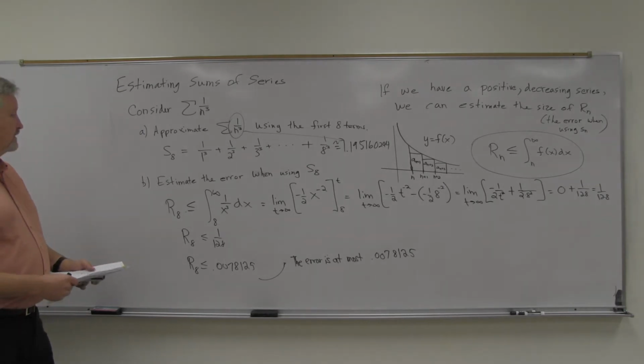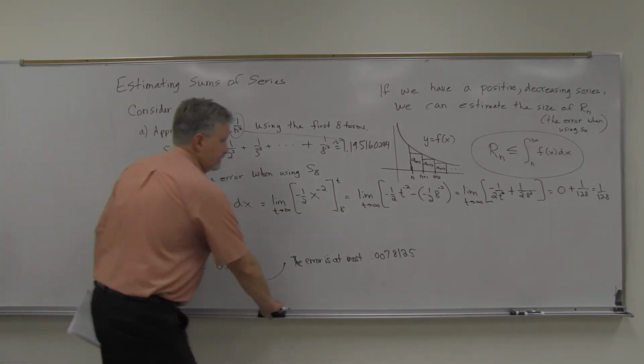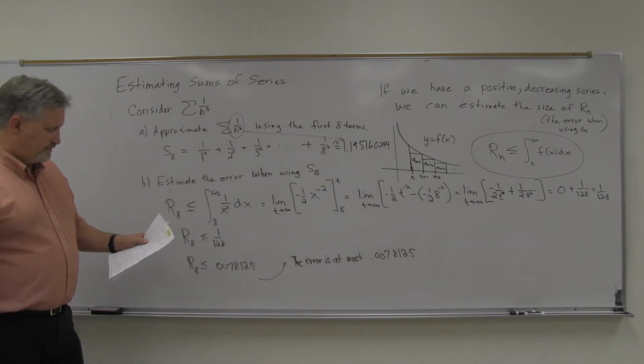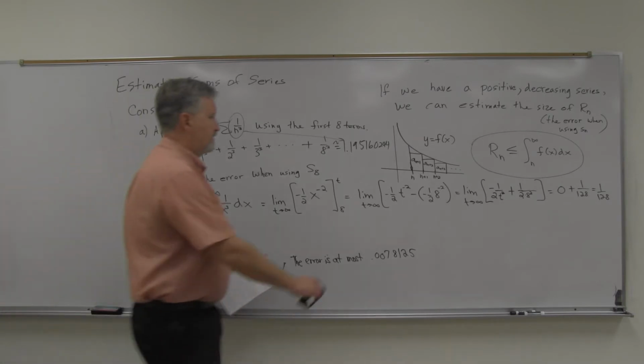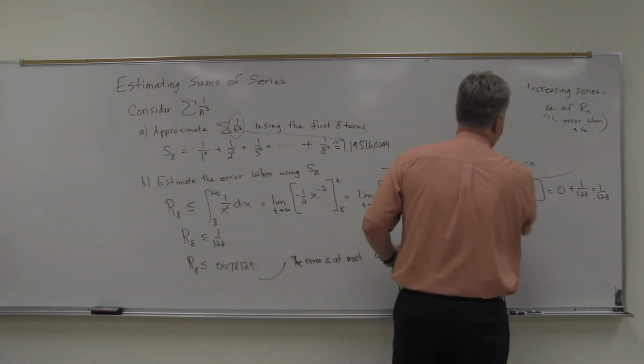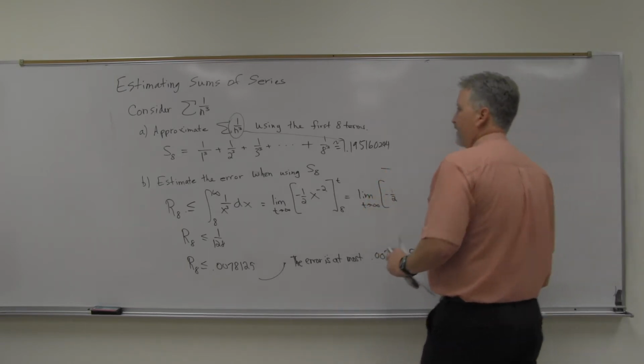Now, let's do one more problem with this one. All right, so let's say that's pretty good, 8 thousandths, but let's figure out how many terms I need for this. A little different twist to it here, the last thing.